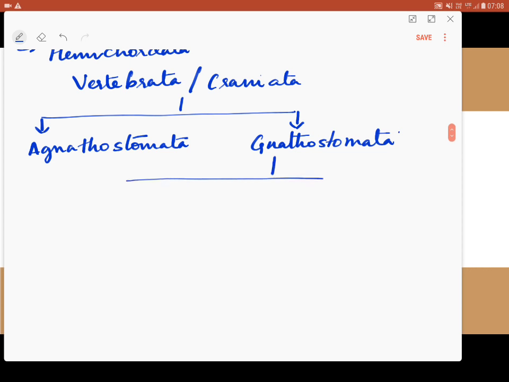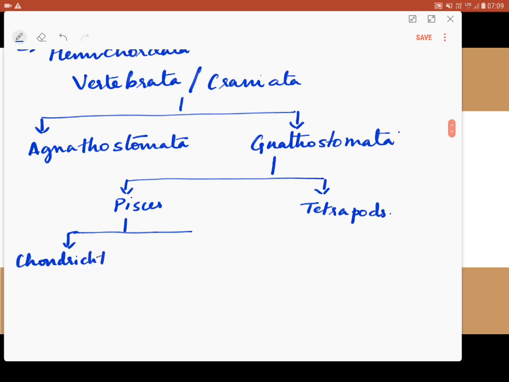Gnathostomata was further divided into pisces and tetrapods. Pisces was further divided into chondrichthyes and osteichthyes.